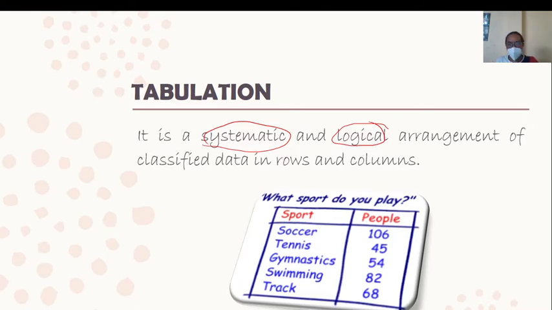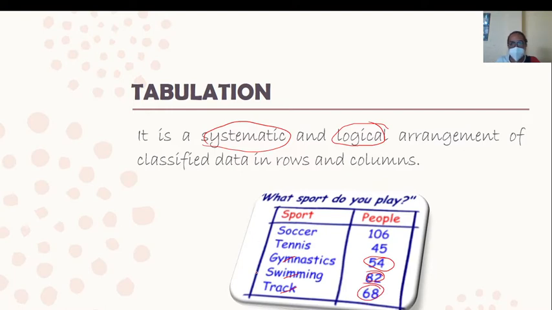Sa soccer daw, may 106 ang may gusto or marunong maglaro ng soccer. Ganon din sa tennis, meron daw 45. Sa gymnastics, meron daw 54. Sa swimming, meron daw 82. Sa track and field, meron daw 68.